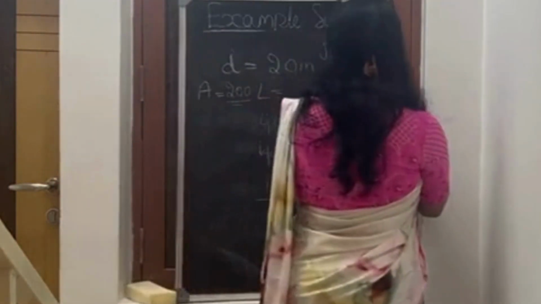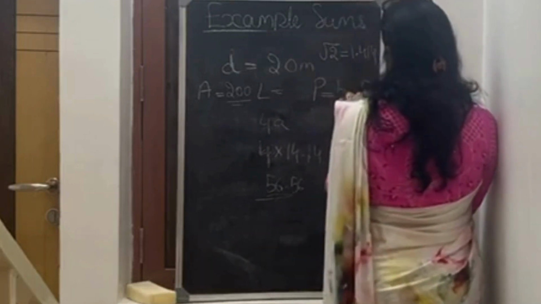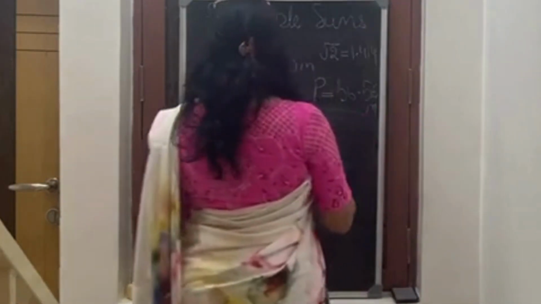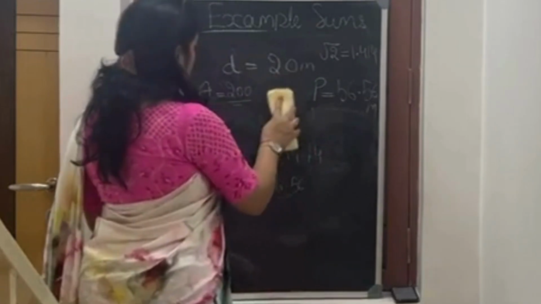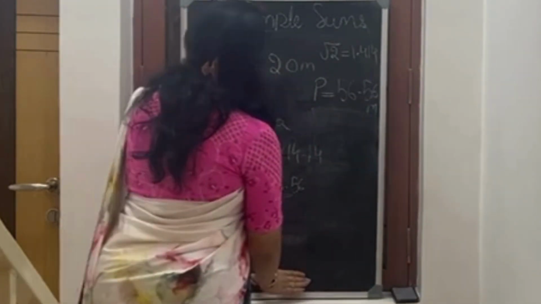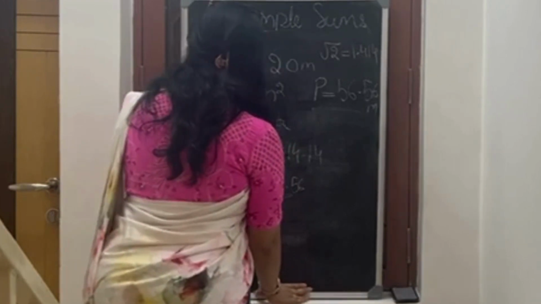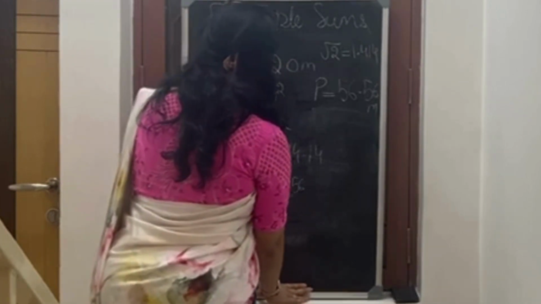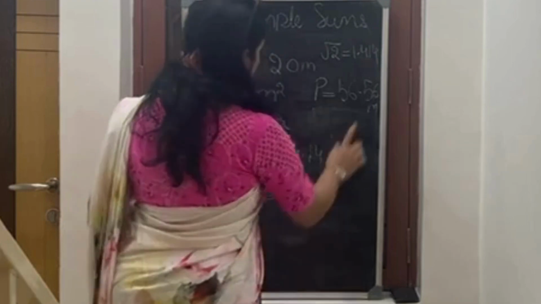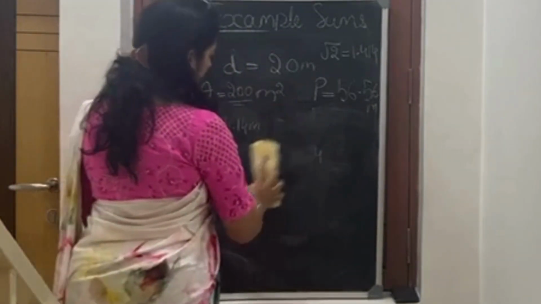The perimeter is 56.56 meters. Please remember to write the units. If you don't write the units, it's wrong. Okay, meter square. Now length equals to 14.14 meters, and perimeter is 56.56.